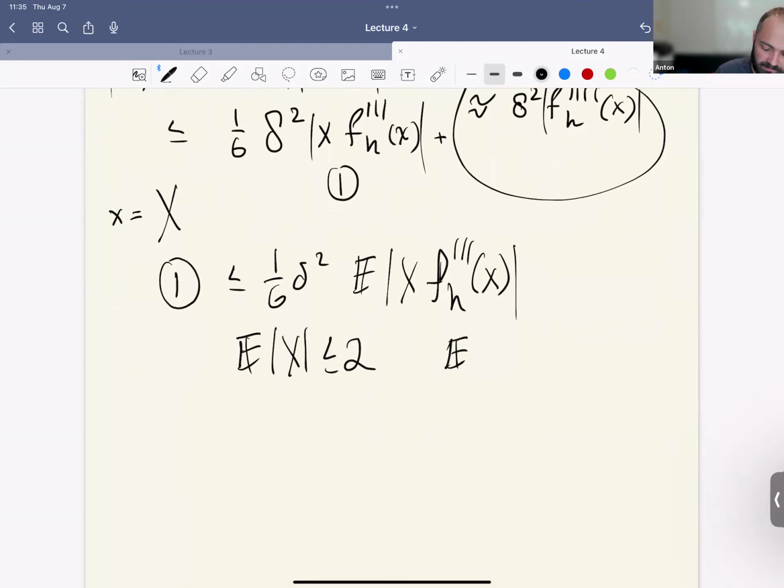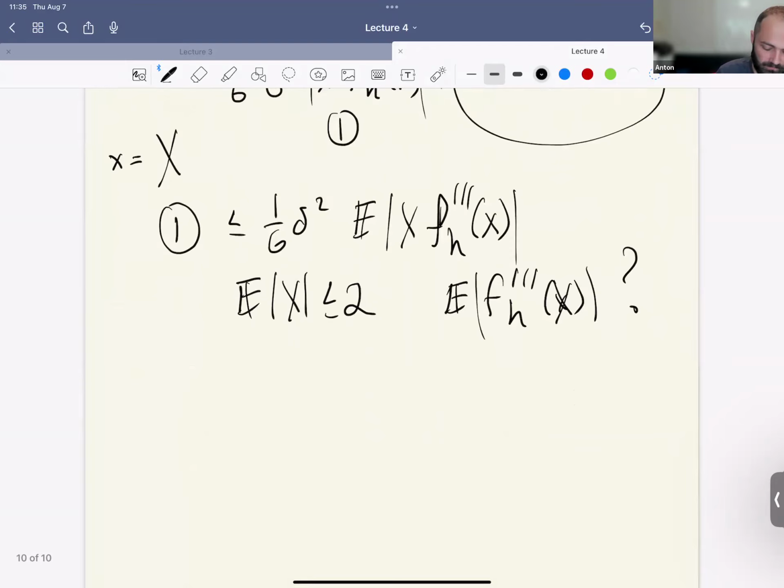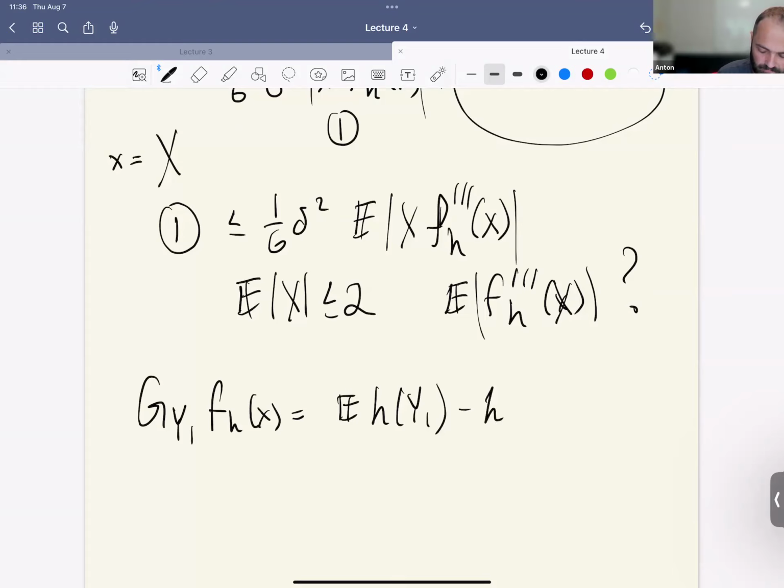What about the expected value of f triple prime h of x? Uh-oh, right? Why uh-oh? Because the Poisson equation is different. So you're sitting there and thinking, holy crap, now I have to go and redo all of these derivative bounds.